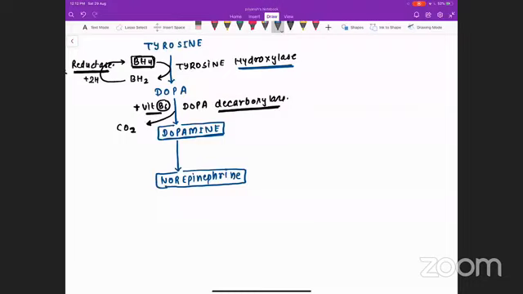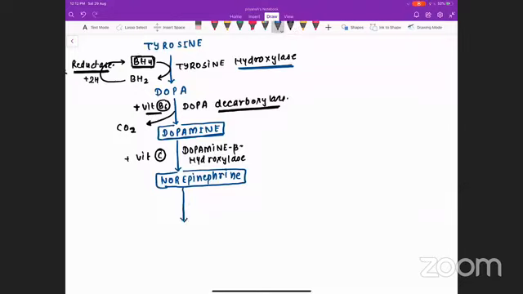For the conversion of dopamine to norepinephrine, we require an enzyme with the name of dopamine beta hydroxylase. We also require vitamin C for the same. Vitamin C is a coenzyme for this reaction. This is the second catecholamine that we can synthesize.